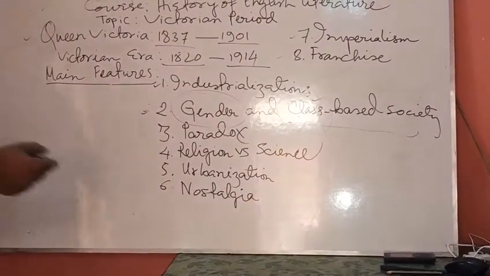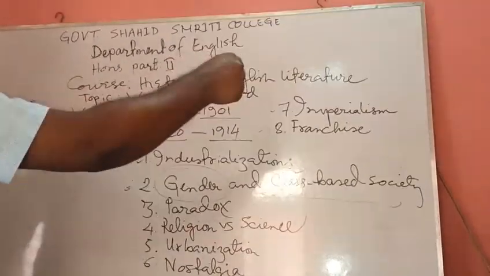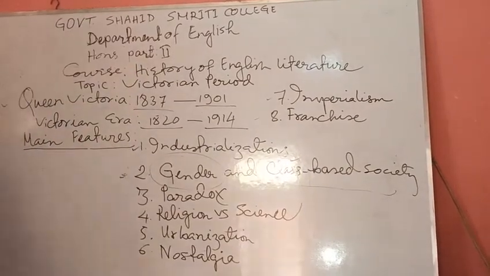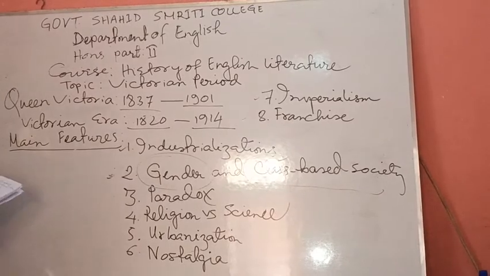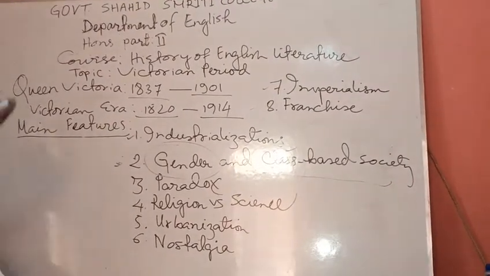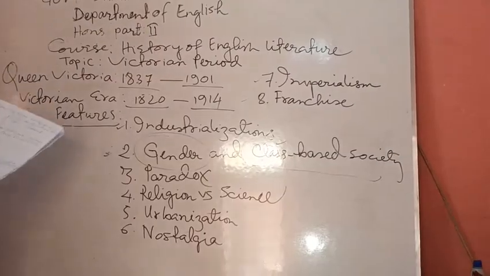There are basically three classes found in the Victorian period. Those are, let's go from below, first comes the working class people.